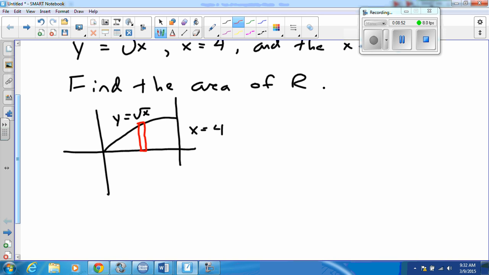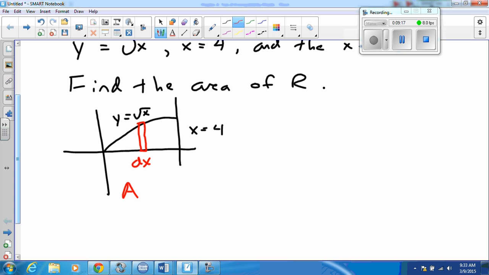So your representative rectangle should show you what your top curve is and what your bottom curve is. Charlie, tell me what the top curve is. Square root of x. And what's the bottom curve? Right. Yes. Actually seeing it helps you to see it.